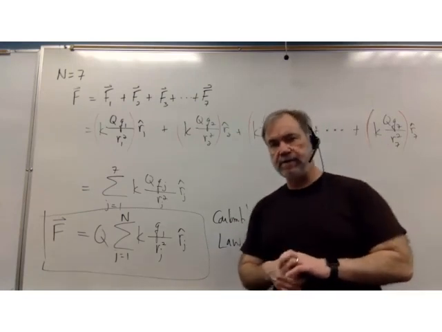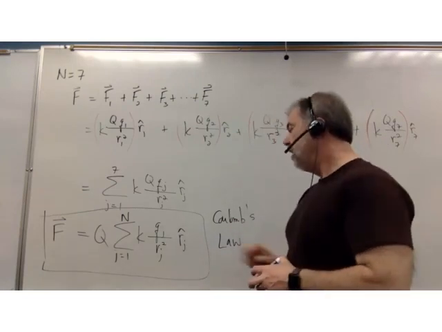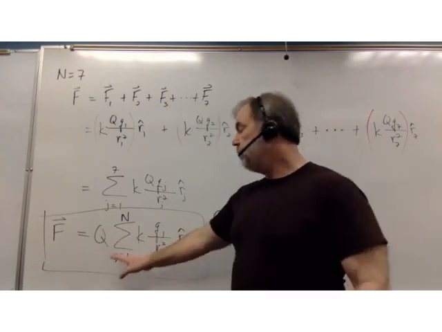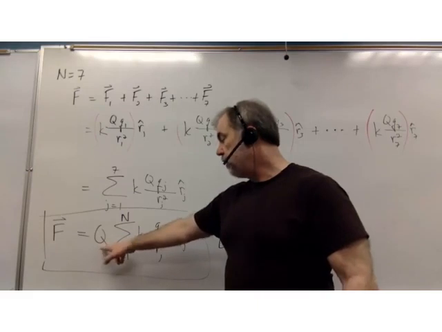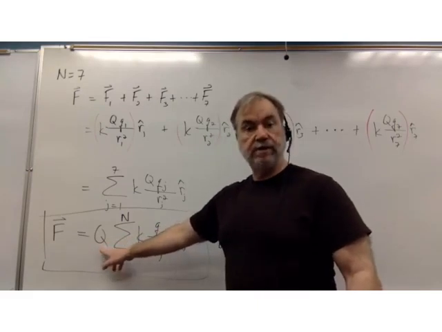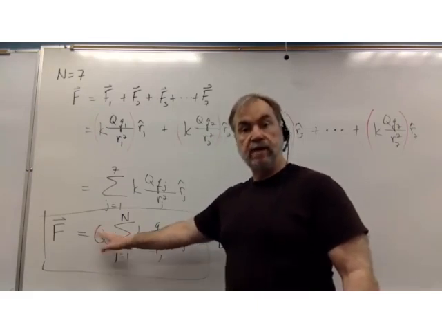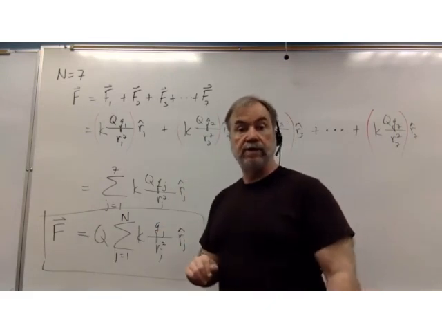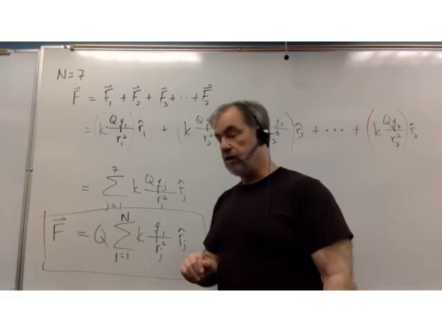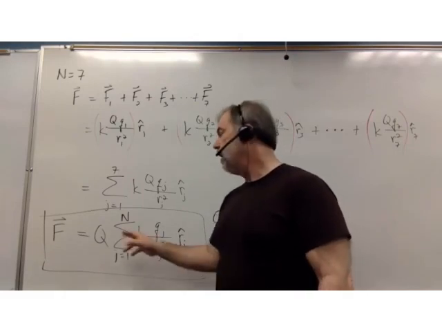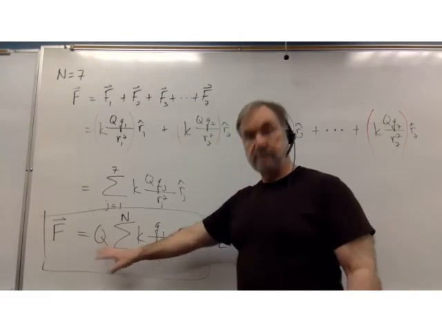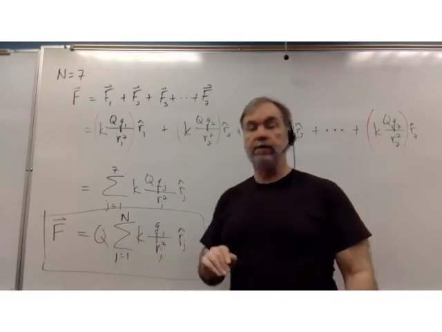That's what this is all about, isn't it? Yeah, it is. All right, here's what I want you to notice. I commented a moment ago, in justifying pulling the test charge out of the calculation, that its value is the same for every calculation of force for each source charge. In other words, the value of capital Q is a constant for every one of the terms.